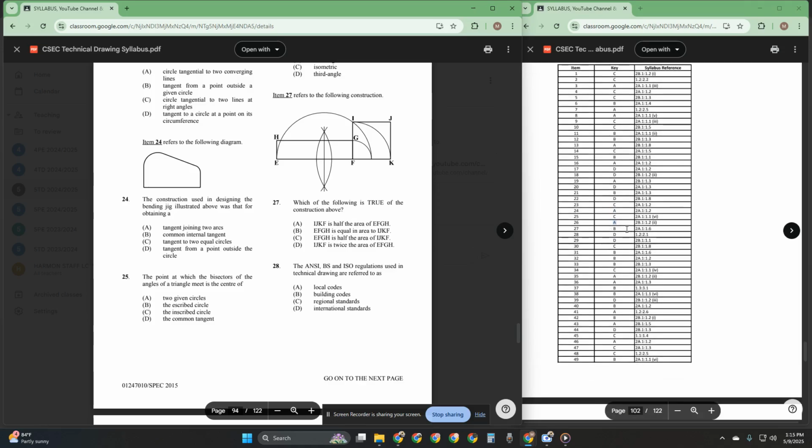This is number 27, and they say the answer is B. B is EFGH is equal in area to IJKF. I know that IJKF is twice as tall, for sure. So if they are equal in area, it means that EF is twice as long as FK. But the answer is B. B.